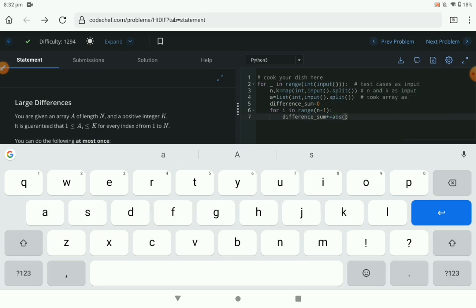Basically, here ABS is used to convert to positive, means keep the value of the difference positive only.